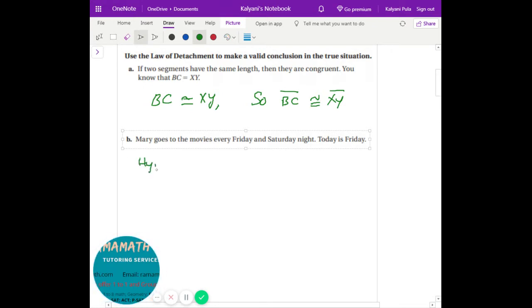The hypothesis is if it is Friday or Saturday night. And the conclusion is then Mary goes to the movies. So the hypothesis is if it is Friday or Saturday night, and the conclusion is that she's going to go to the movies.